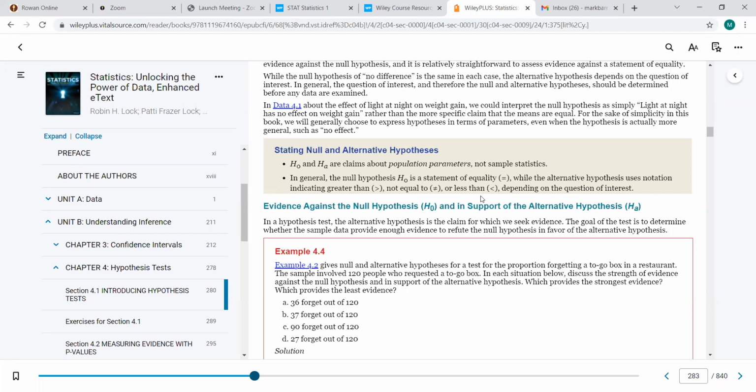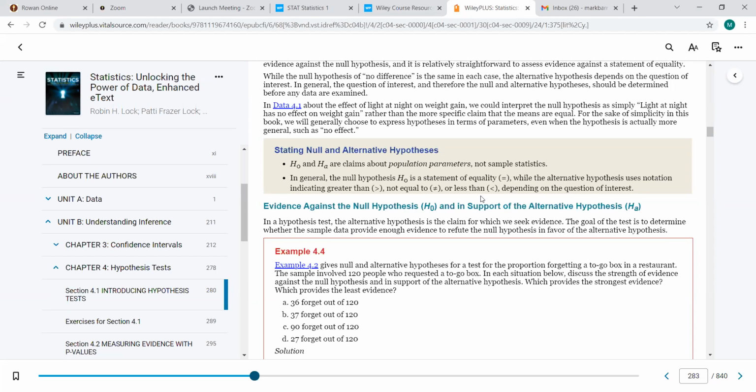So the alternative hypothesis is that the person committed the crime, and it's the prosecutor's job to present evidence, and the jurors' job is to weigh the evidence and determine if it's strong enough to reject the null hypothesis that the person is not guilty, and to state that they are guilty and should be convicted.